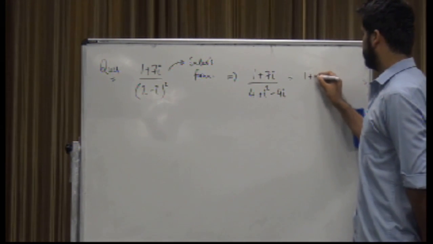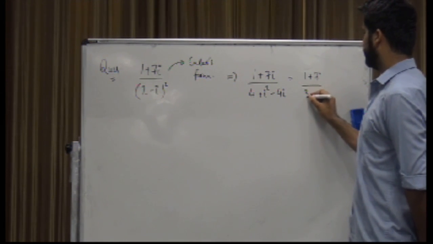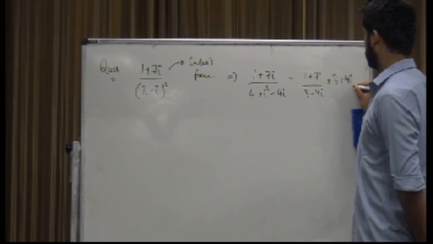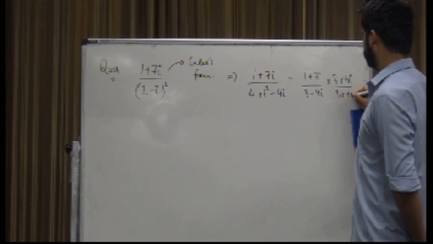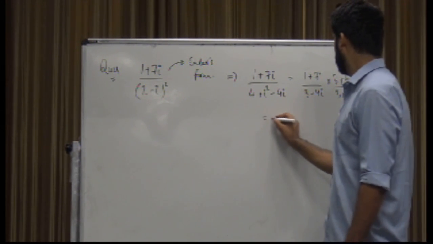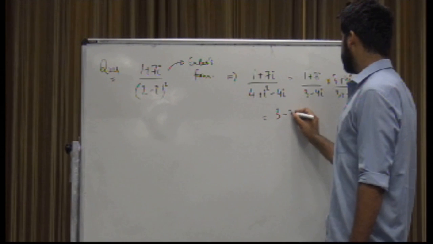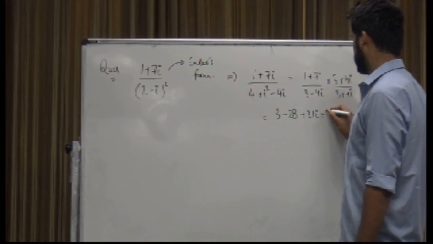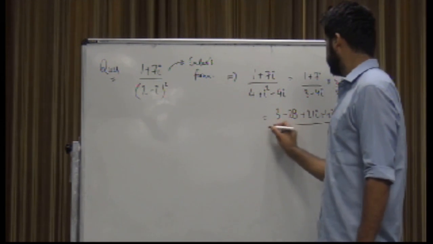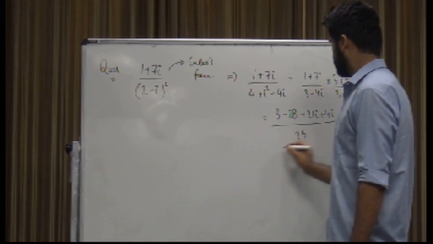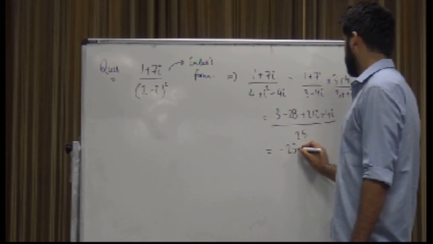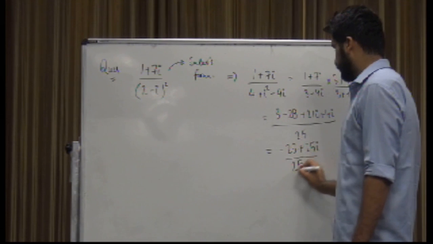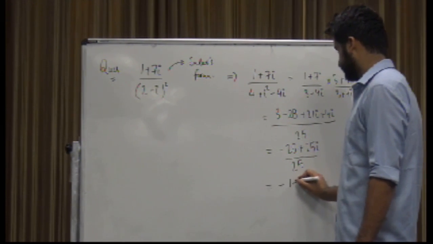So 1 plus 7 iota into 3 plus 4 iota, you get 3 minus 28 plus 25 iota upon 25. You take 25 common, you get minus 1 plus iota.